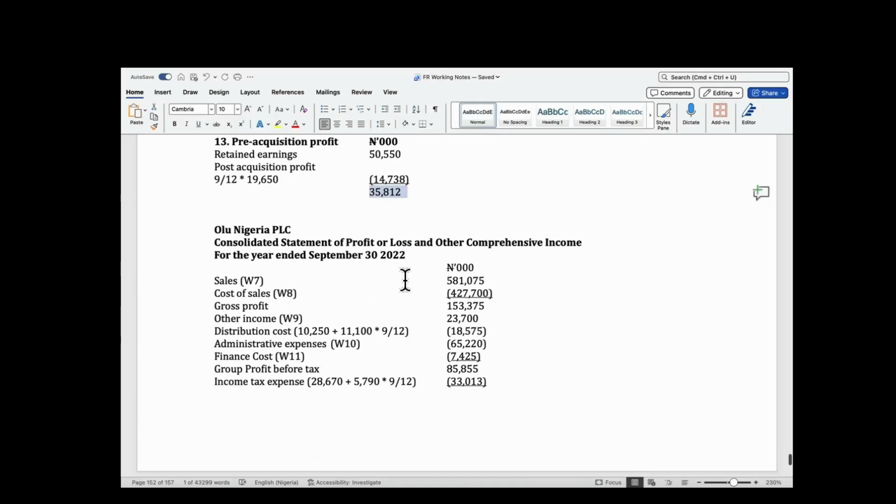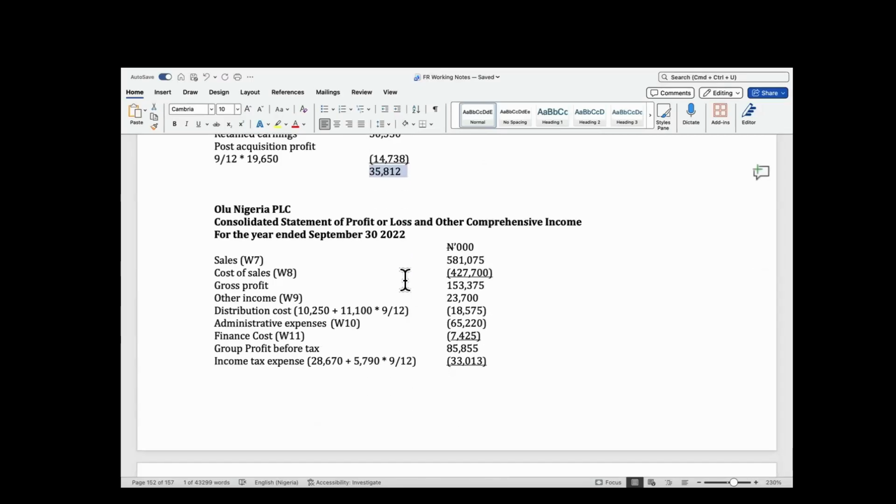So now what is left is just to plug in. I've done the hard work. So for my working 7, I can get my consolidated profit. For my working 8, I can get my consolidated cost of sales, which gives me my gross profit. For my working 9, I could easily pick up my other income. Then I didn't work out this distribution cost.